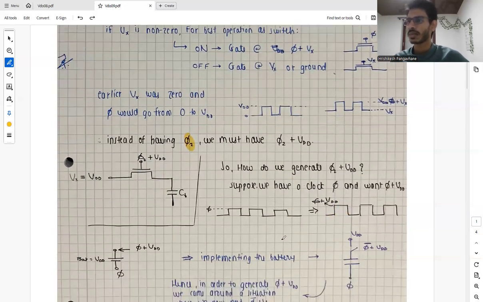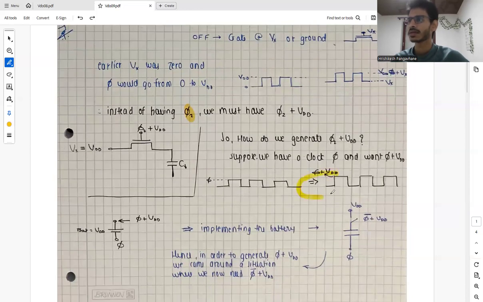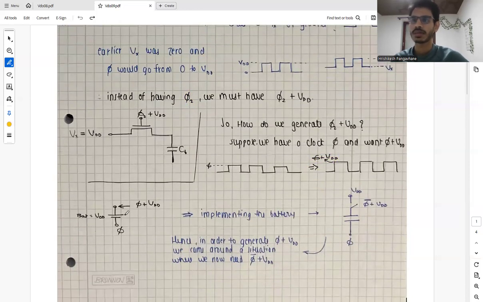To implement this, we again come back to the concept that if we had a battery whose value was VDD, and at this point we have phi and attach it to the battery VDD, then at this point we will get phi plus VDD. This sorts out our problem, right? So how do we implement a battery?